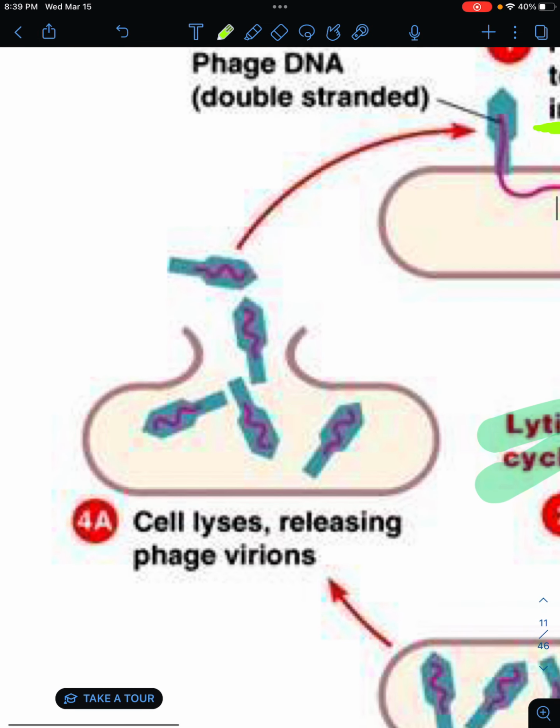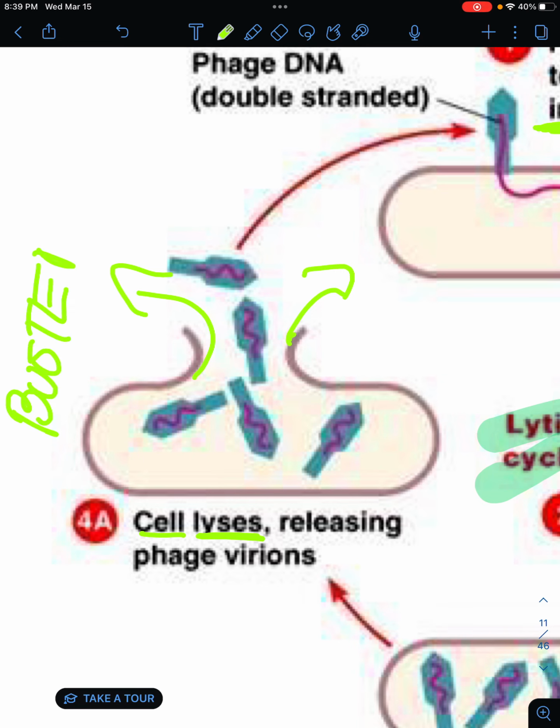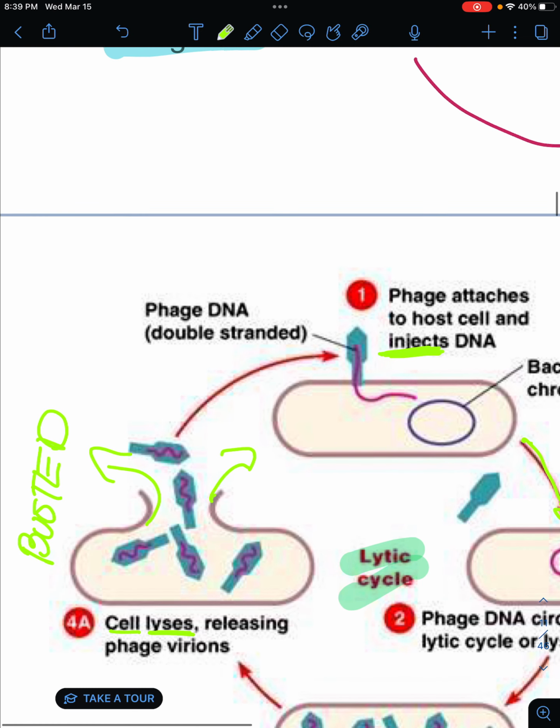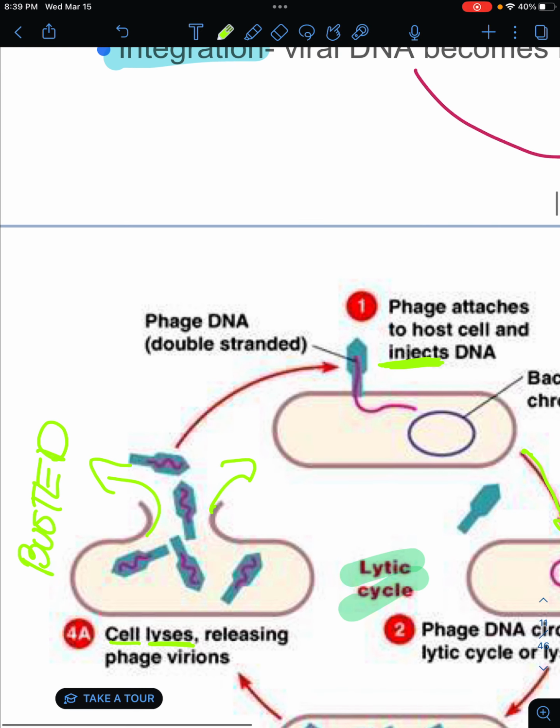So the next step is, how does it get out? The cell lyses, and they're all released. See the cell, it busted. And then this new virus right here can come and inject into another cell.